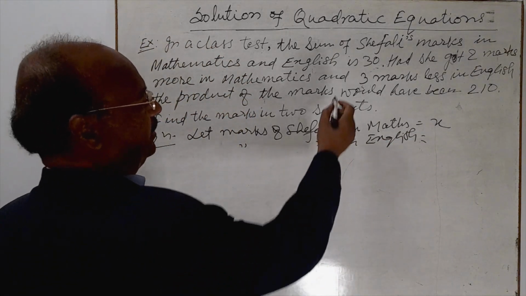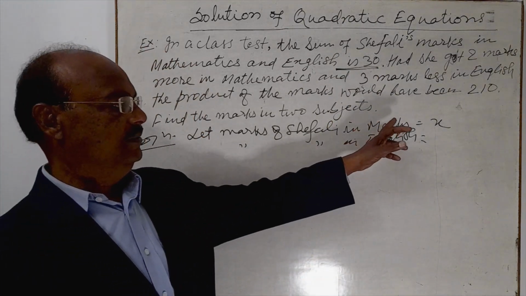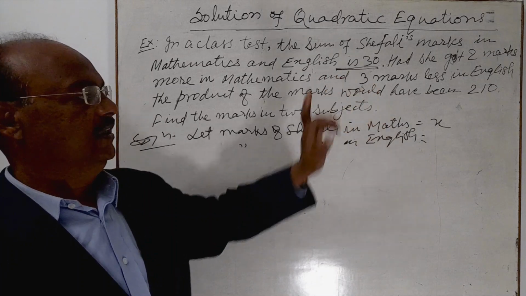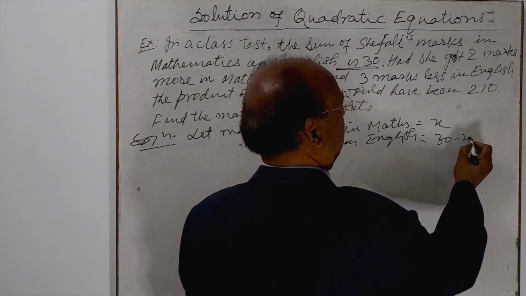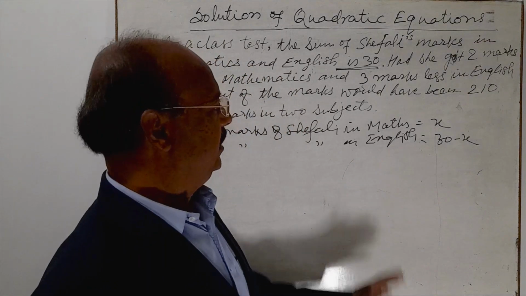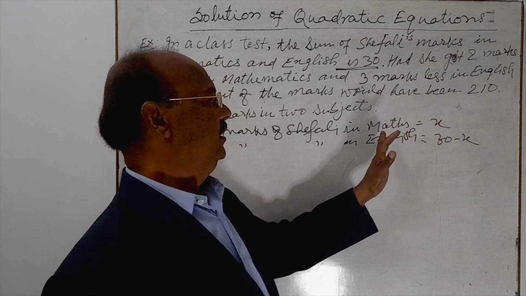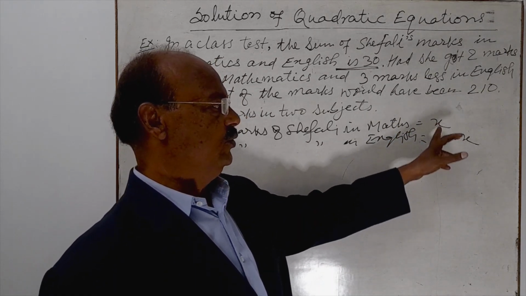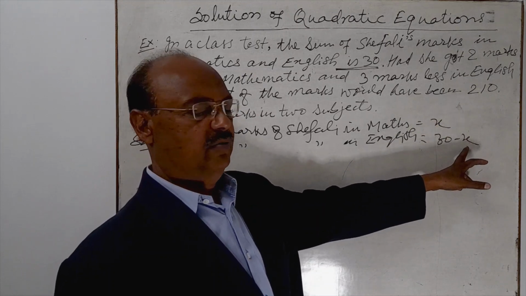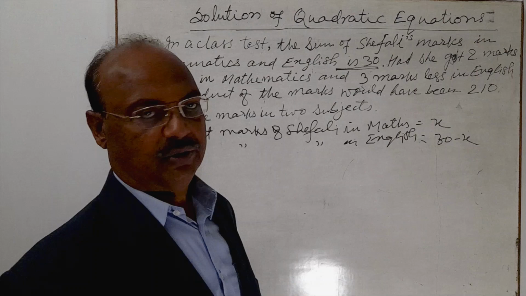Here it is already given that the sum of marks in maths and English should be 30. So definitely it should be 30 minus x. Clear? If marks in maths is x, clearly in English marks would be 30 minus x, so that the sum of these two will be, plus x and minus x cancelled out, 30. So this is the first part of the question.